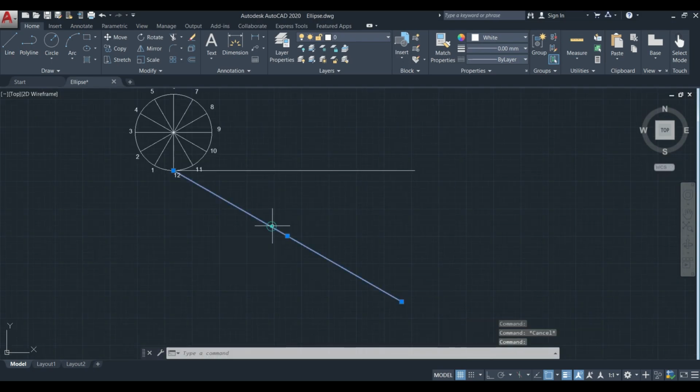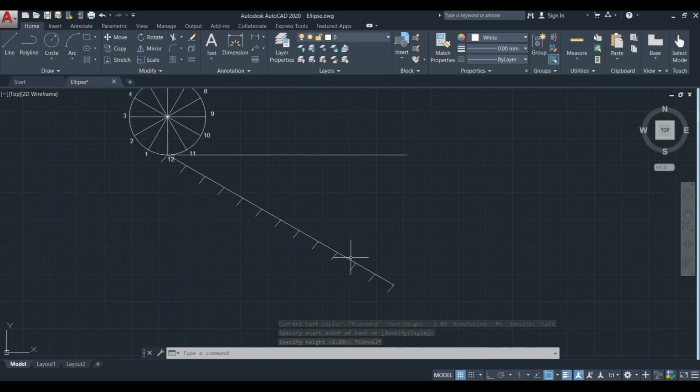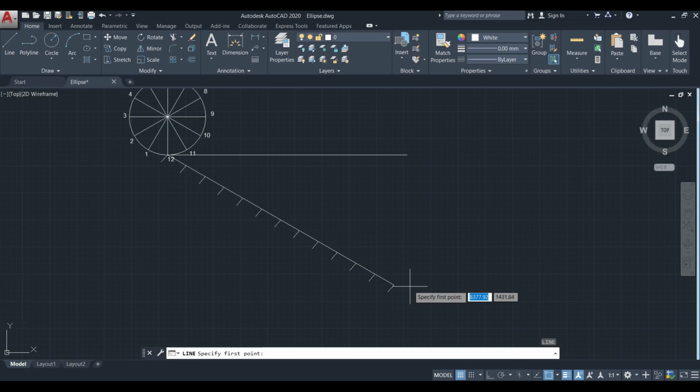Now we can divide this particular line into 12 equal parts, that is 120 mm. Here this is completely divisible by 12. 120 by 12 is 10. So this line is now divided into 12 equal parts. After this we can connect a straight line connecting the end portion of this line with the end portion of the horizontal line here.